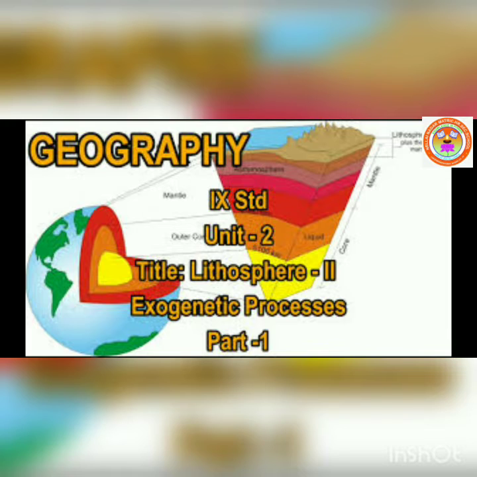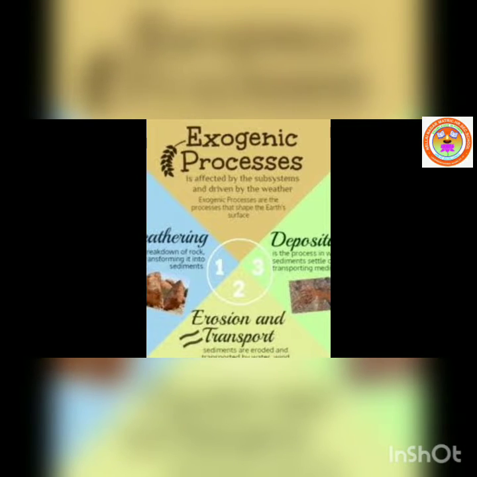Today's class in geography, Lithosphere-II, Exogenetic Processes. In Lithosphere-II, the topic is the Exogenetic Process. The Earth is a dynamic system that undergoes various changes due to internal and external processes.